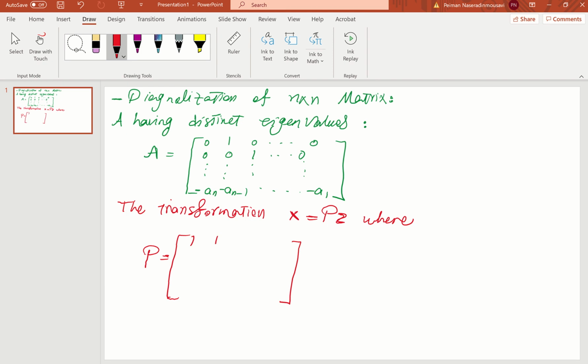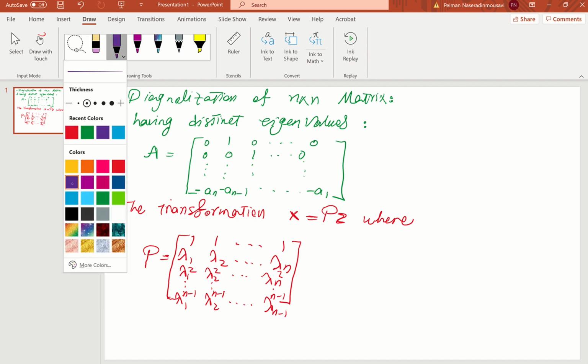The first row is 1, 1, 1, 1, 1, the second row is lambda 1, lambda 2, until lambda n, and then lambda 1 square, lambda 2 square, lambda n square, until you get lambda 1 to the power of n minus 1, lambda 2 to the power of n minus 1, and lambda n to the power of n minus 1. So you're going to ask me, what are the lambdas?